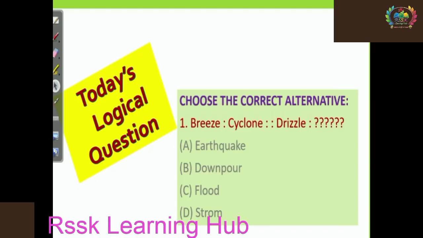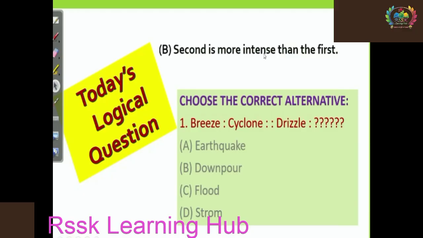Breeze means wind. A mild wind is called a breeze. If the wind is heavy, then it is called a cyclone. Similarly, drizzle means droplets of water. If the water drops are more, that is called downpour. So the answer is B.